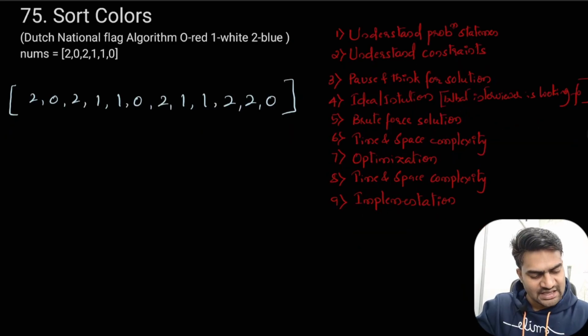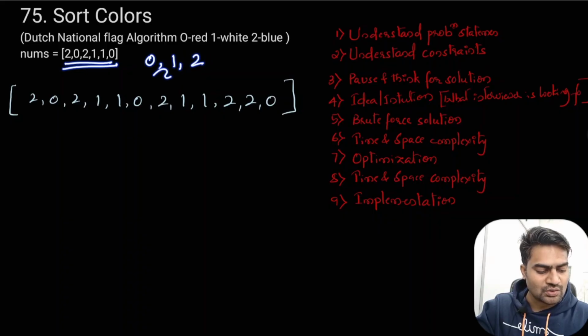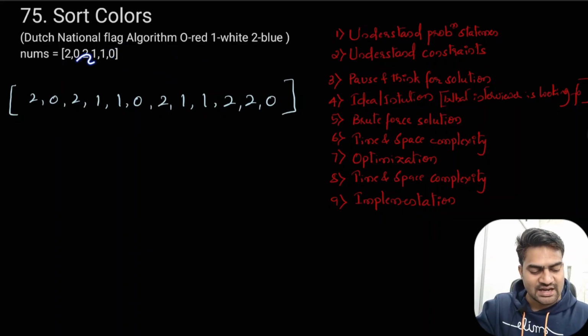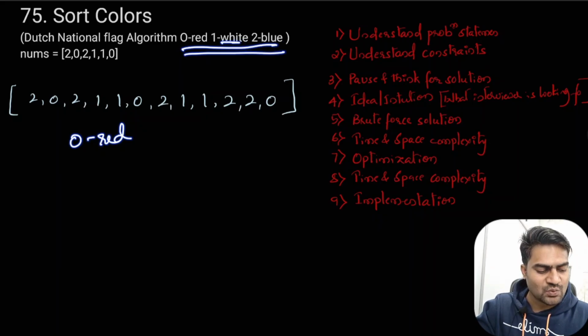So basically, they will give us the nums array. The values in the nums array will be 0, 1 or 2. Only these three numbers. So that is one of the constraints. And if you see what they have given, 0 represents red. Here I have already mentioned. 1 represents white and 2 represents blue color.